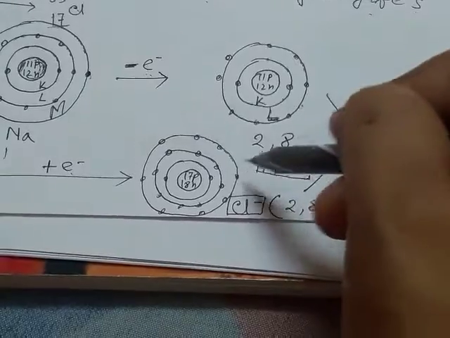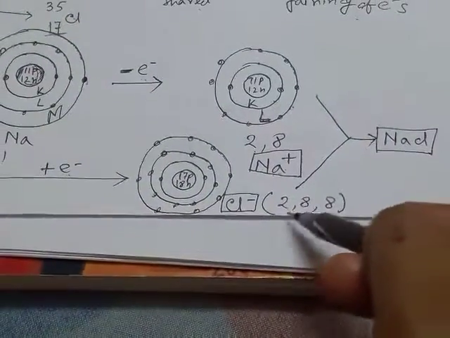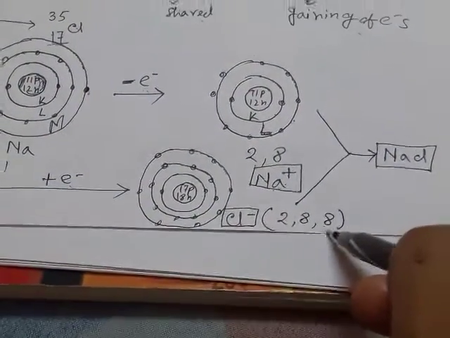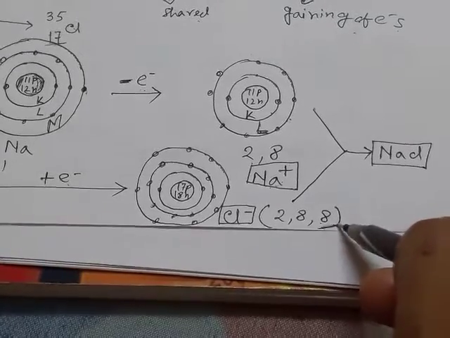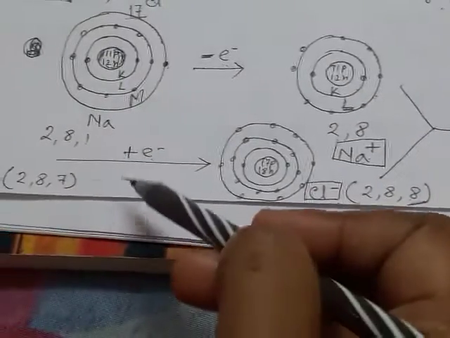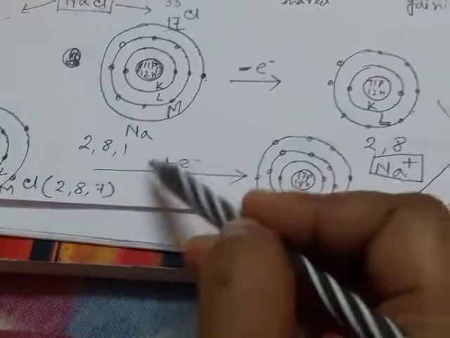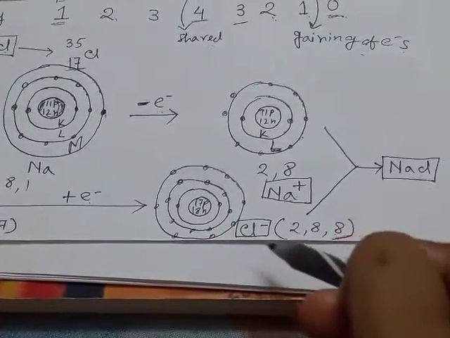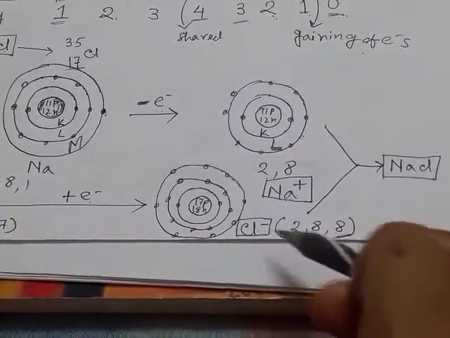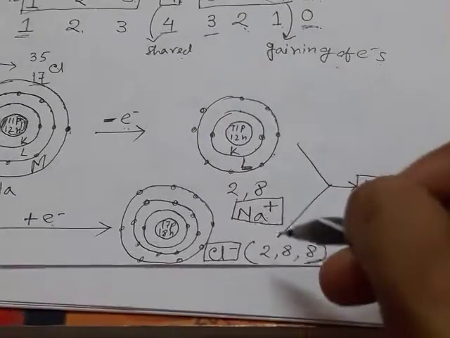This is the stable configuration. So the configuration becomes 2, 8, 8, and as the chlorine atom is accepting 1 electron, there will be formation of a monoanion, that is, chloride.